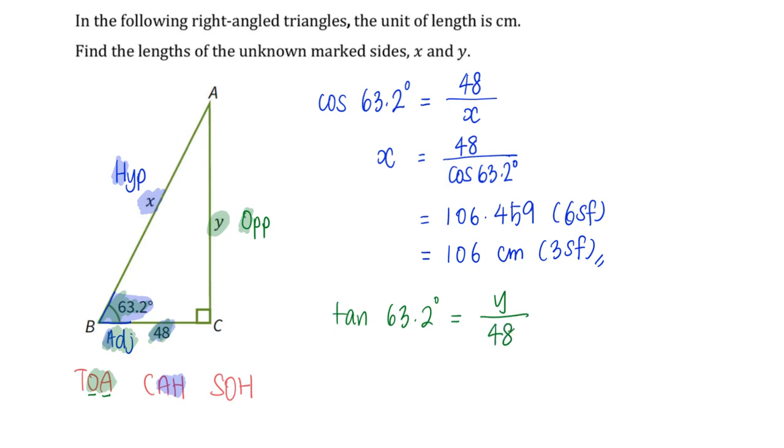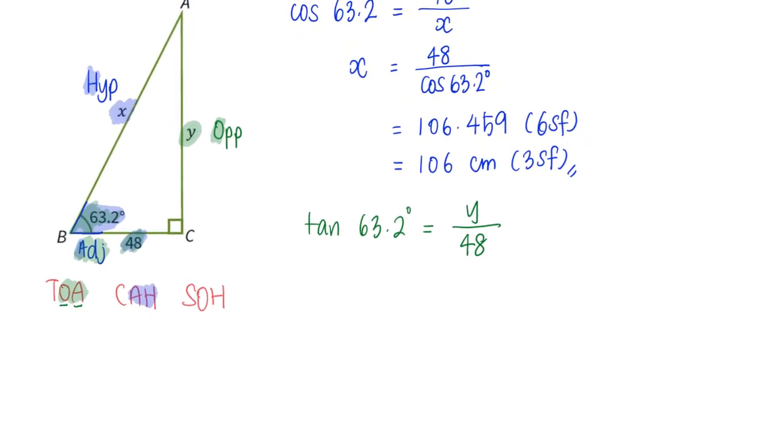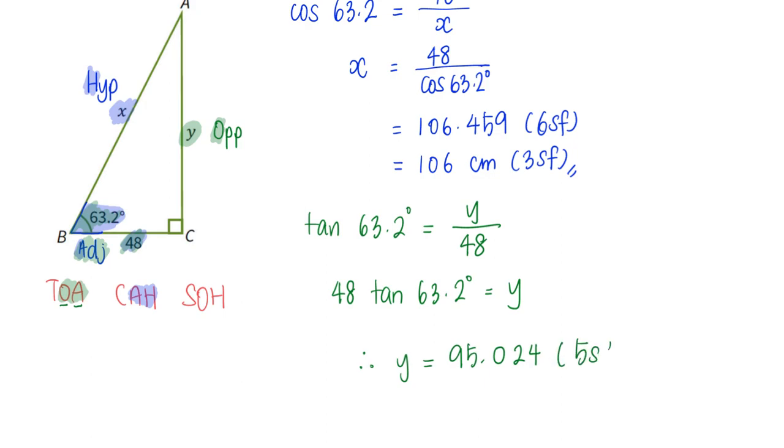So all I have to do is simply multiply 48 on both sides. And that will enable us to find the value of y. Therefore, after I key in 48 times tangent 63.2 degrees, I would get the following answer: 0.024 to about 5 significant figures.